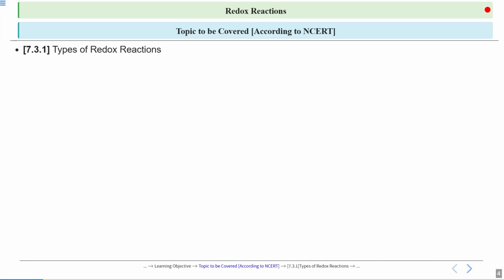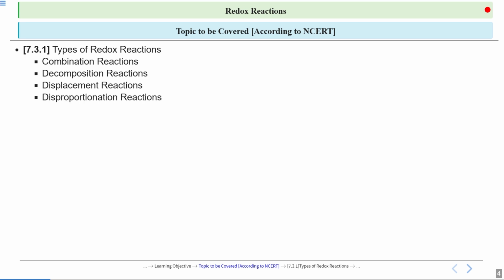The topics we are going to cover in this lecture according to NCERT all belong to section 7.3.1, in which we study the different types of redox reactions. The first is combination reactions, then decomposition, then displacement reactions, and then disproportion reactions.